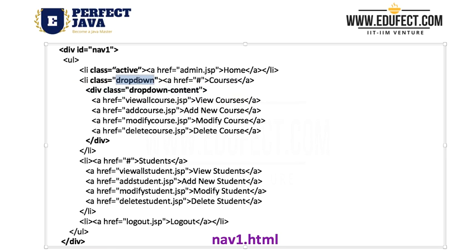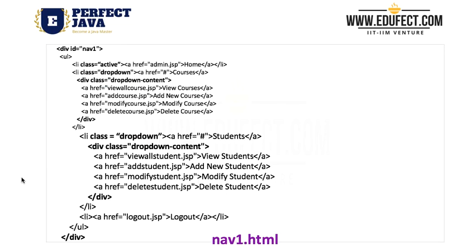So within courses, what do we want to show? When we come to courses, a dropdown should open up, and within the dropdown we will see all the four options. And this, because we have styled it differently, has come within its own div. So these are the changes we have made here.